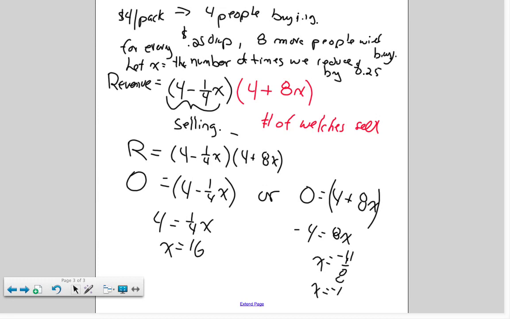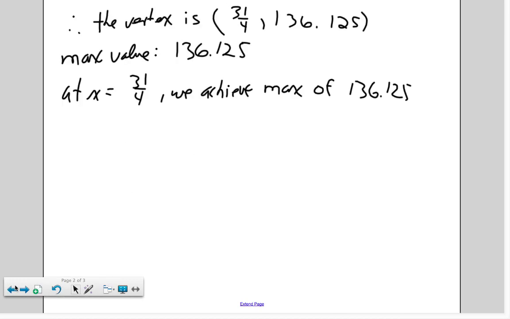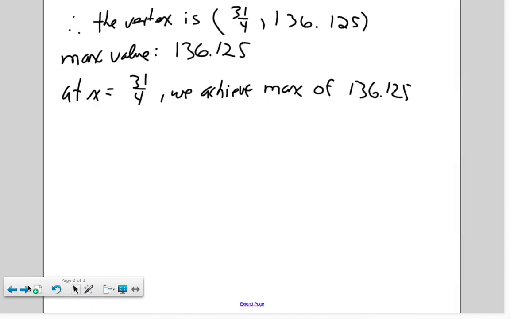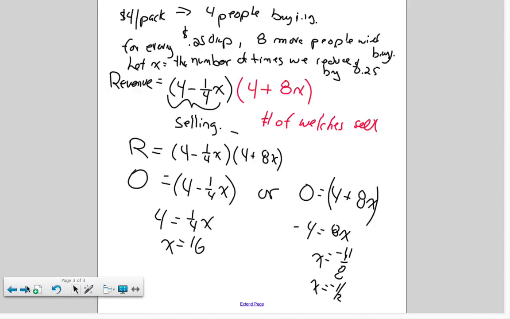X is equal to -1/2. Okay? So my idea was that if we actually expanded this and gave you the equation, this would be an equation. So we would have factored it, but in this case it's a word problem. You didn't even have to expand it. This would have been your equation.